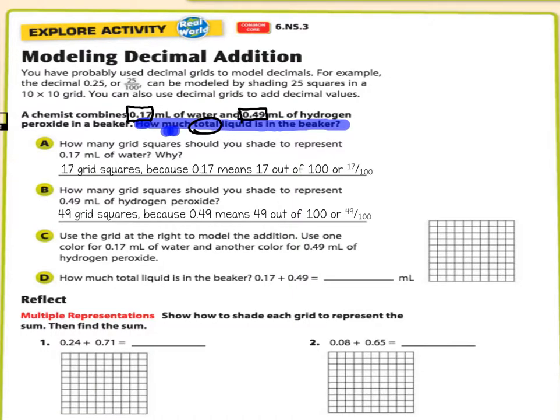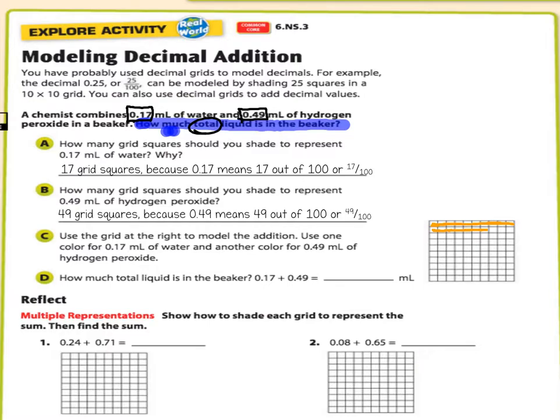I am going to use orange for my first one, so I need to color in 17 hundredths, so 17 squares. So this is 10 by 10, so I know that I would need 10, 11, 12, 13, 14, 15, 16, 17. So that would be 17, and then now I need to color in 49 hundredths.